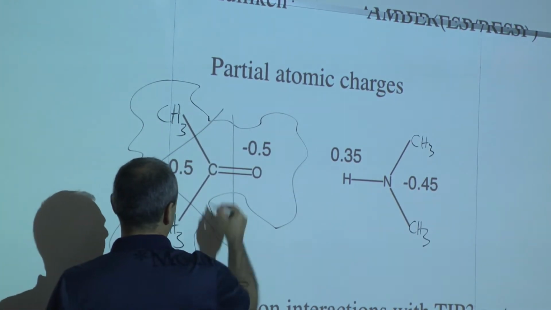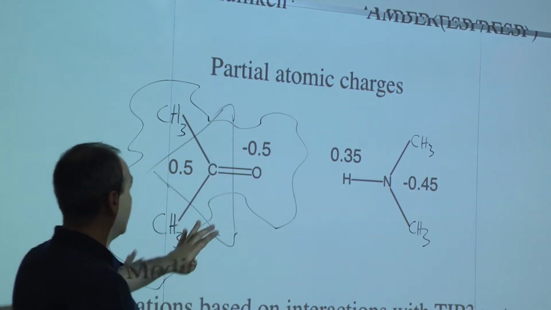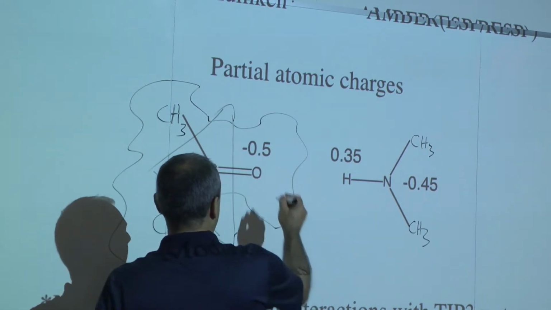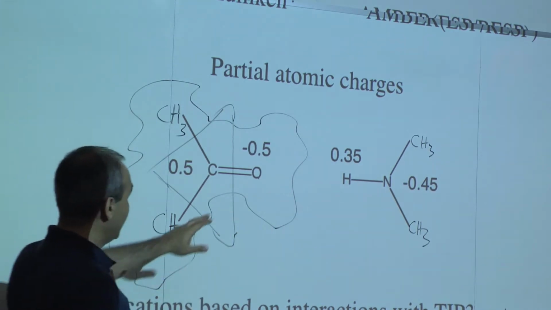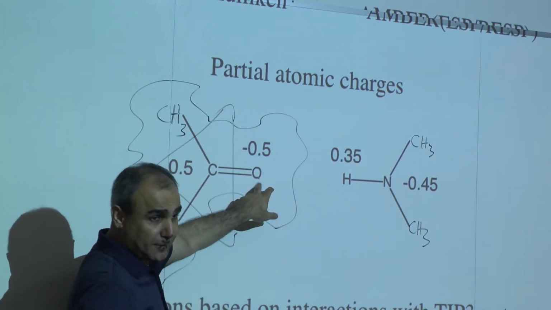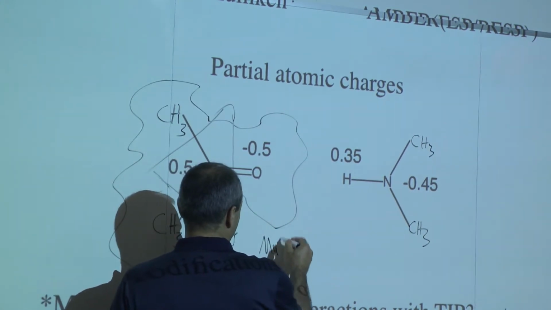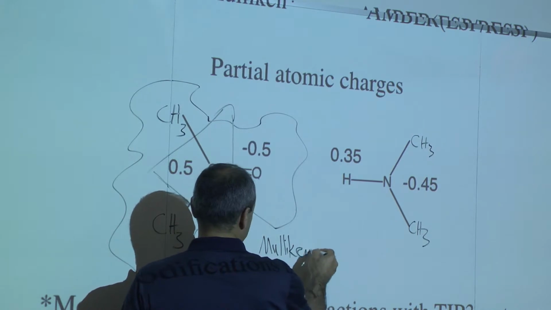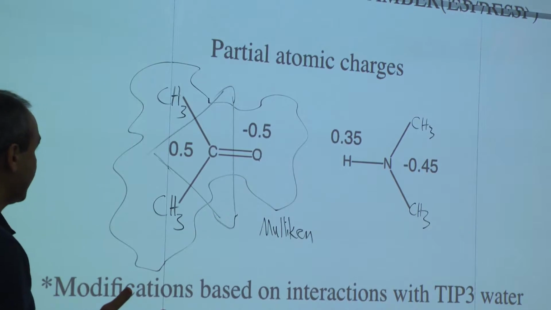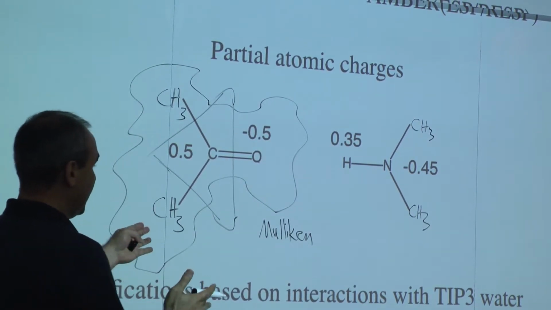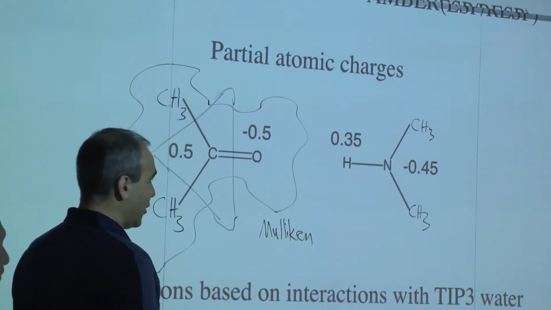You assign pieces of the electronic cloud to individual nuclei, and you know the charge of the nucleus itself, then you come up with a number for this atom. For example, Mulliken population analysis is a common way that exists in many quantum mechanical packages, and you can easily get these partial atomic charges. There are other ways of assigning partial atomic charges.